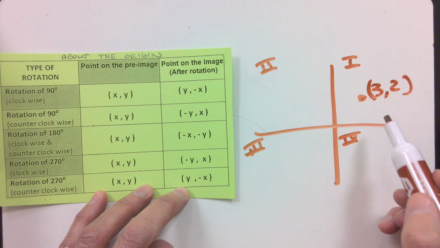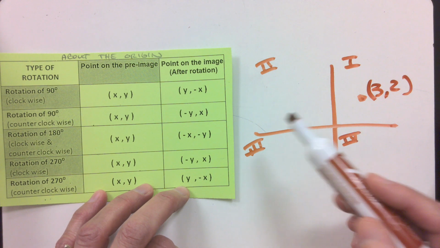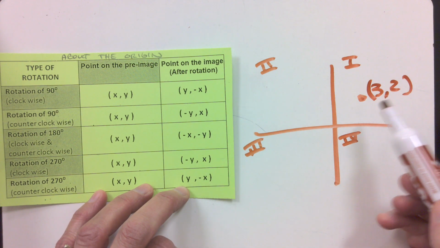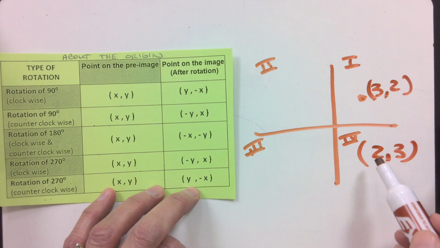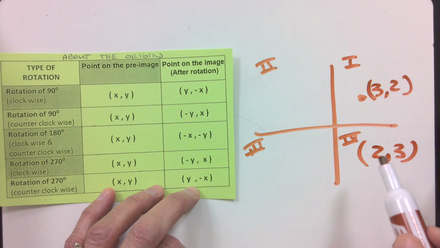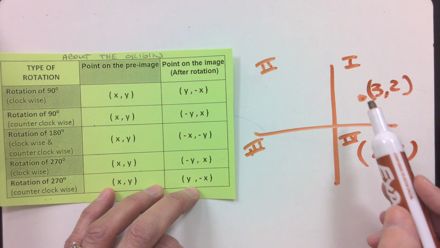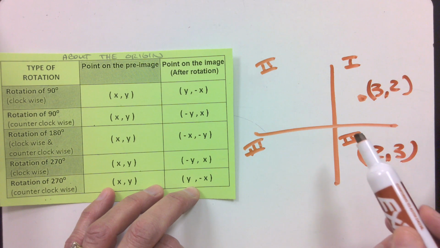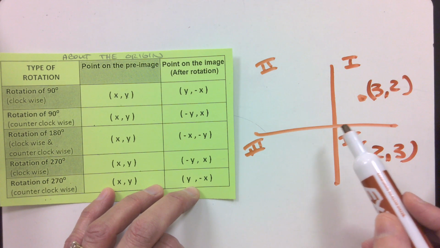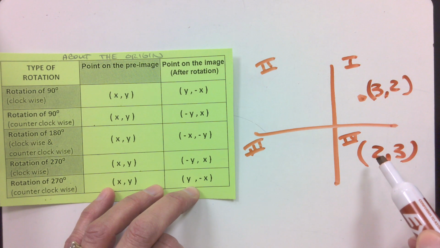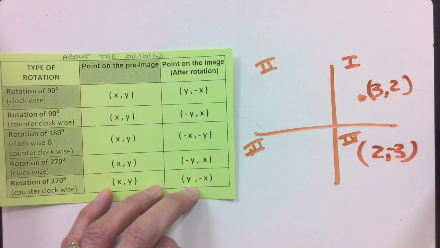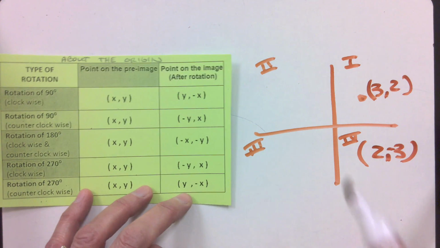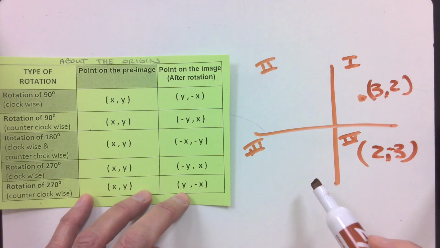If I go 90 degrees clockwise, according to my rules, these two are going to switch places, so it's going to be 2, 3. Now to figure out which one becomes opposite, you can use your quadrants to help you. If you know something's going to land in quadrant 4, you know those ordered pairs have to be positive, negative. So this number 2 remains positive, and this one turns negative. So you don't actually have to memorize which one turns opposite if you can realize what quadrant they're supposed to land in.